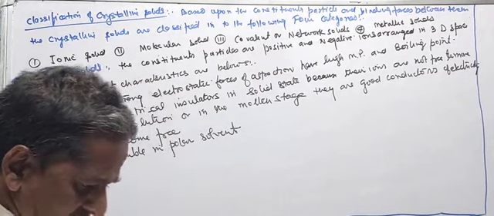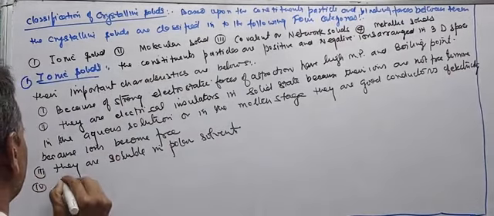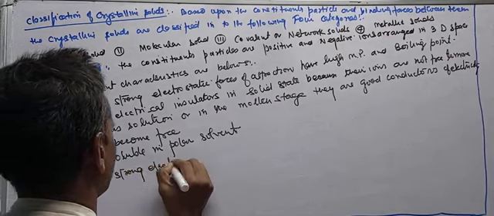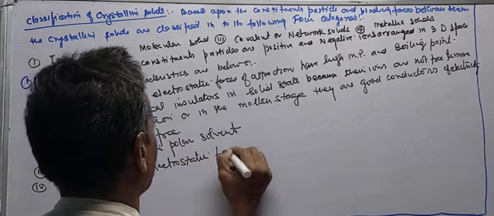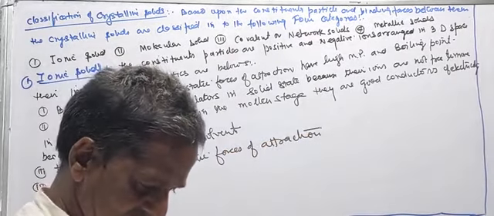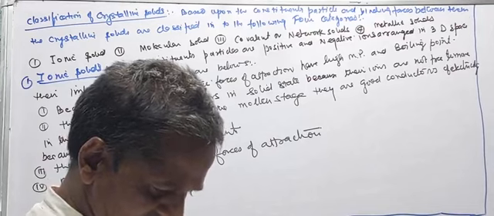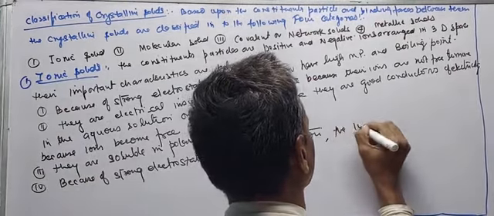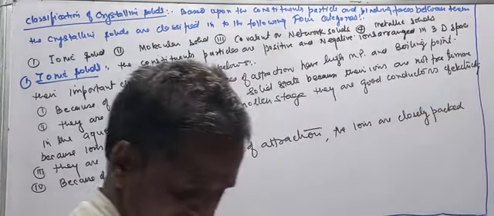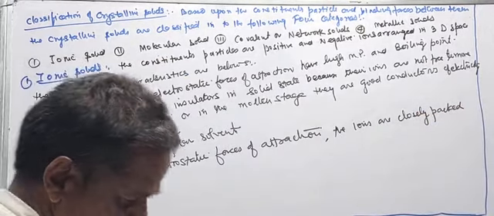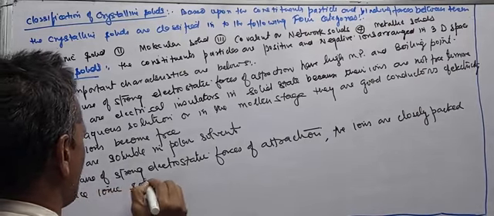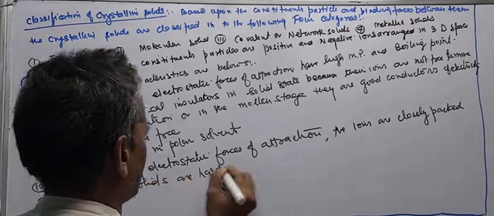Because of strong electrostatic forces of attraction, the ions are closely packed and hence ionic solids are hard.